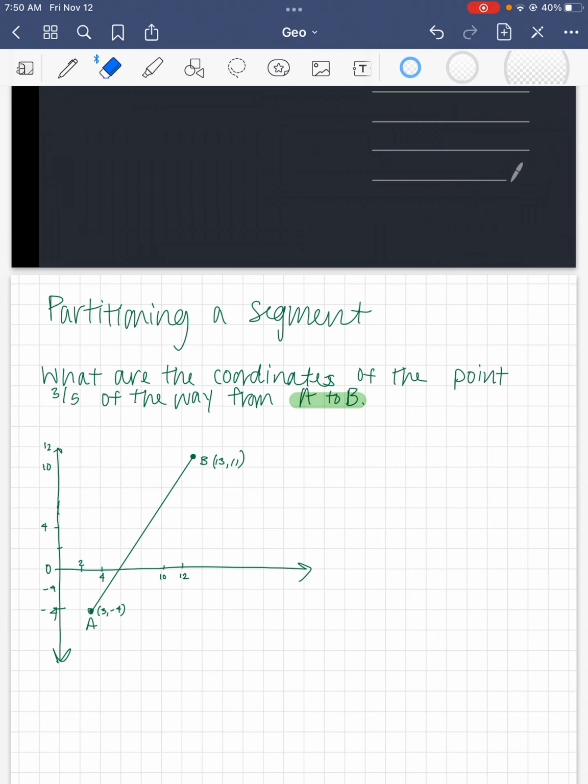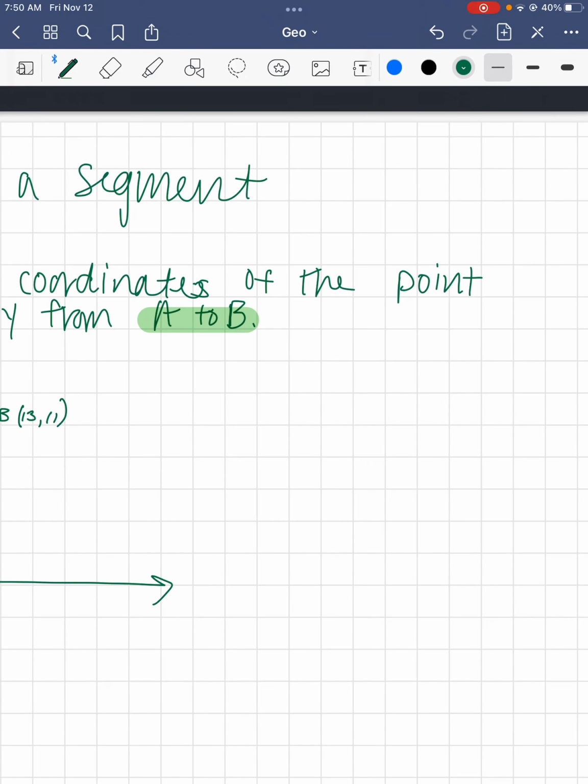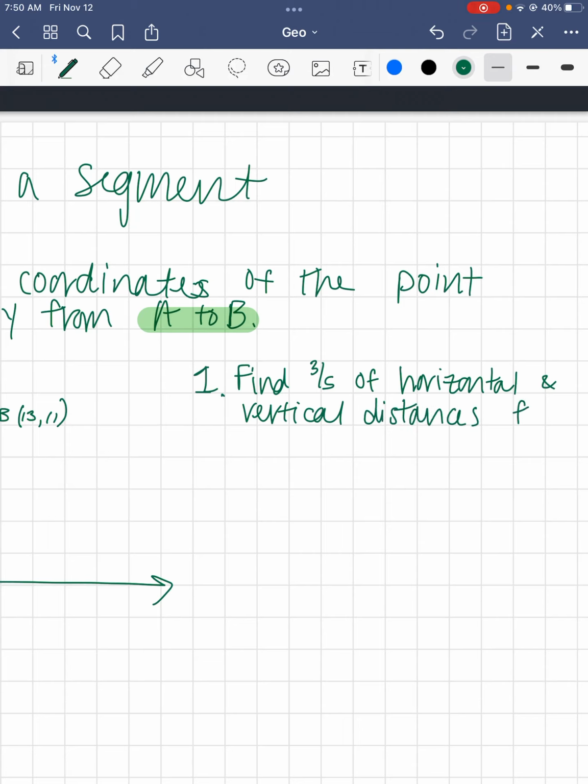Well, when we partition a segment, step 1 is going to be to find 3/5 of the horizontal and vertical distances from A to B.